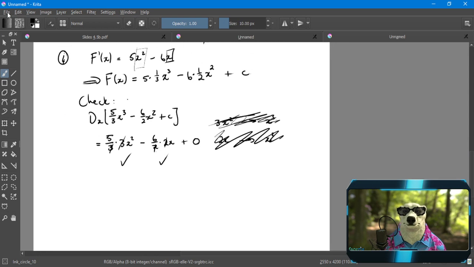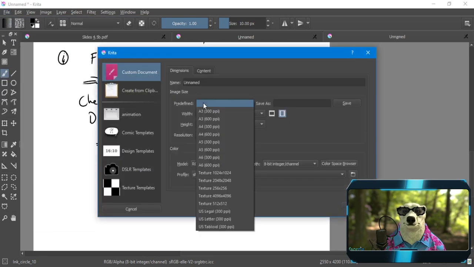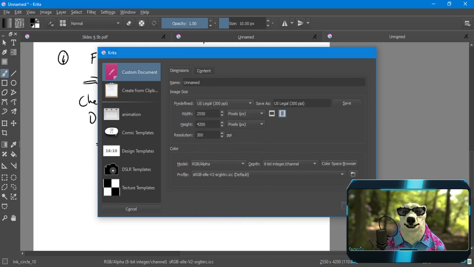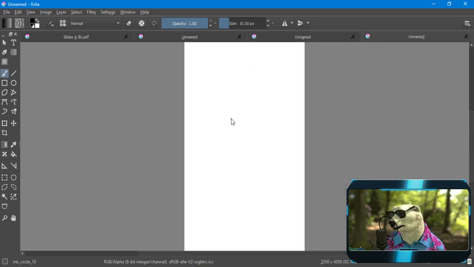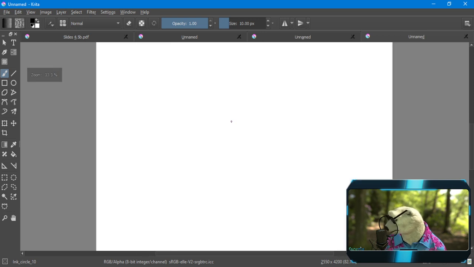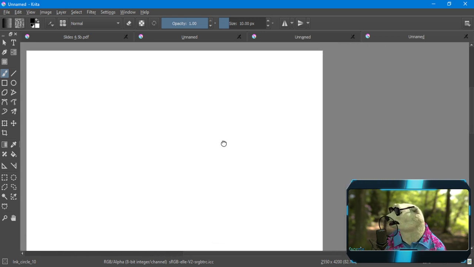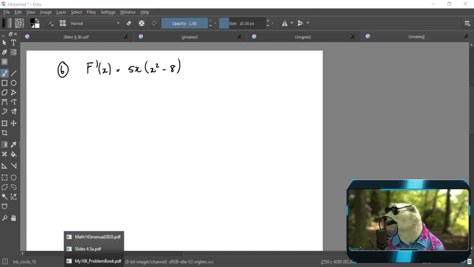Oh, new page again. Number 6, I have as a derivative target 5x, x squared minus 8, I believe it was.